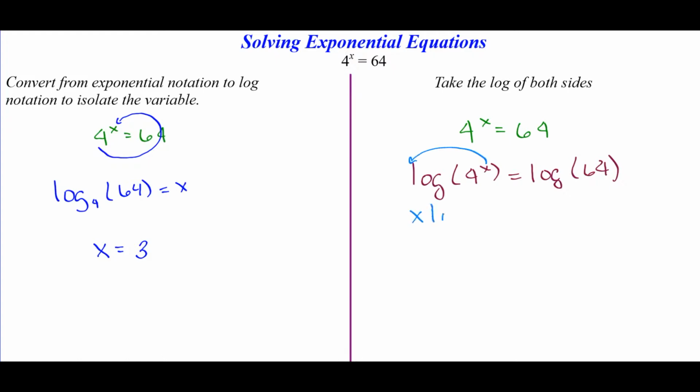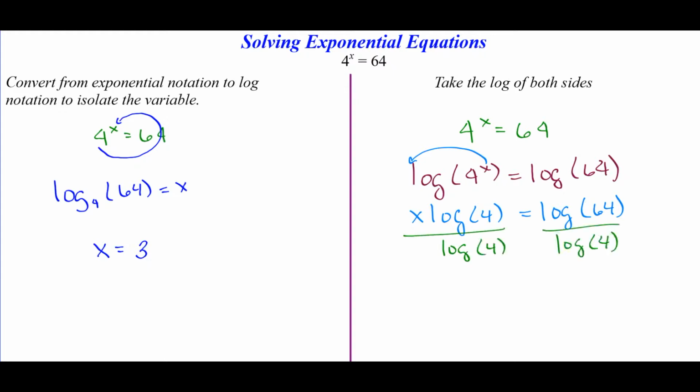So this is x log of 4 equals log of 64. And then I can just isolate my variable by dividing both sides by the log of 4. So then I end up with x equals the log of 64 over the log of 4. Using the change of base theorem, that's just log base 4 of 64. So you could put it in your calculator either way, and again, you're going to get x equals 3.